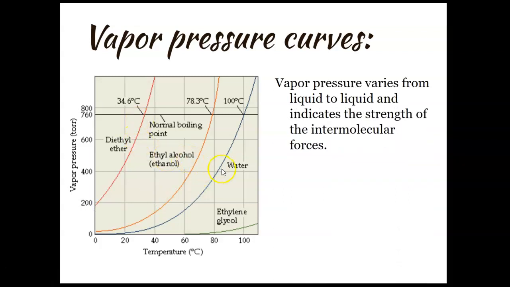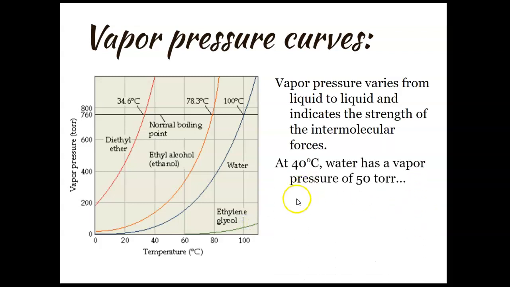You can see all of these have different vapor pressures, and it indicates the strength of the intermolecular force. The quicker it evaporates, the less the force, the weaker the force. The longer it takes to evaporate, or the higher the temperature needed, that means more forces, stronger forces.